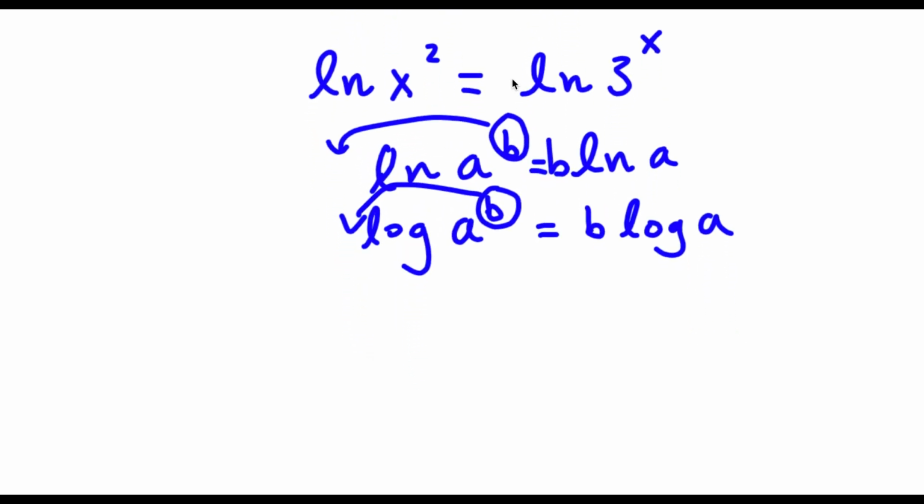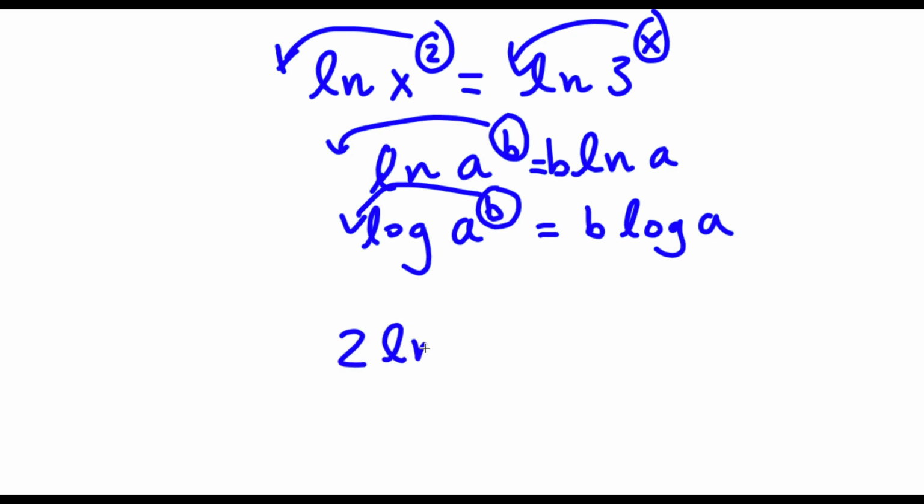So in this case, we're using ln, so now we can move our exponent to the front, for both of them actually. So now I'm going to have 2 times ln x is equal to x times ln 3.